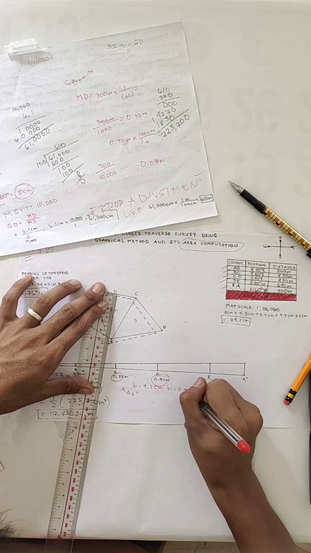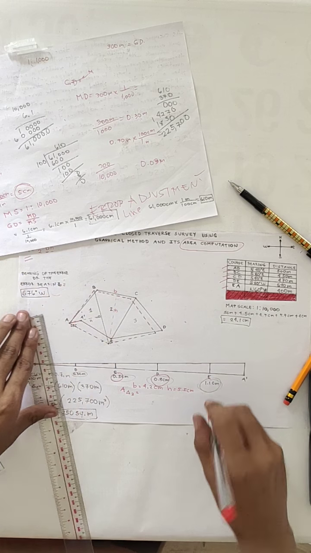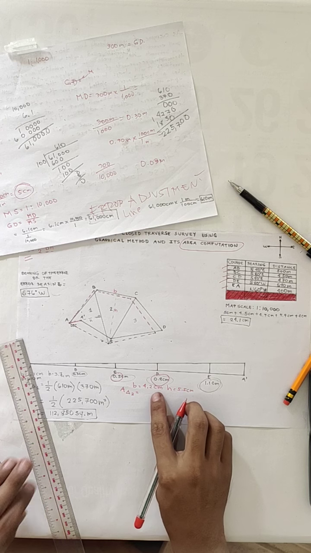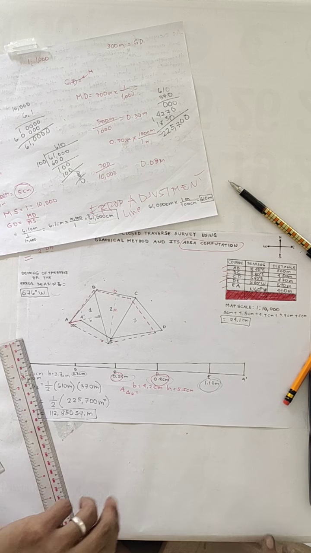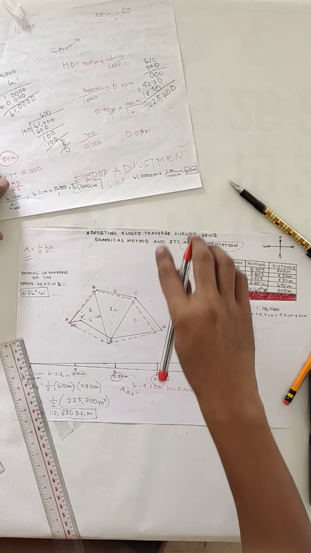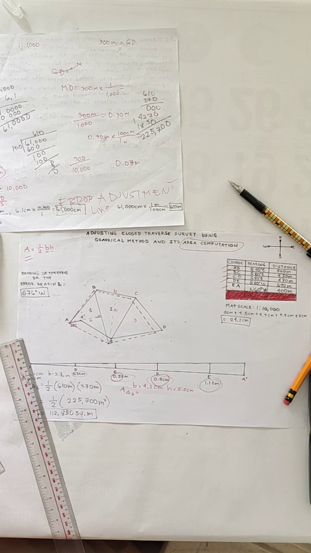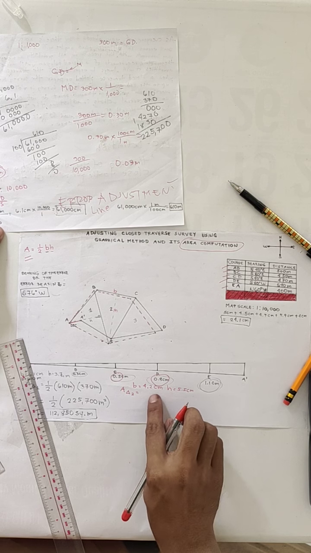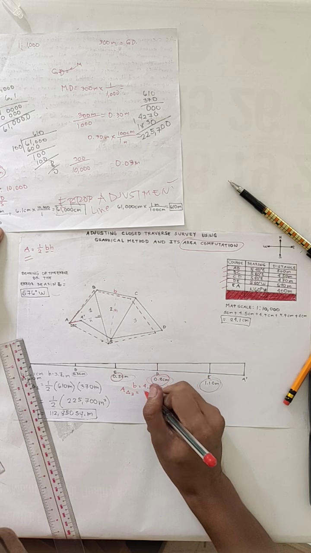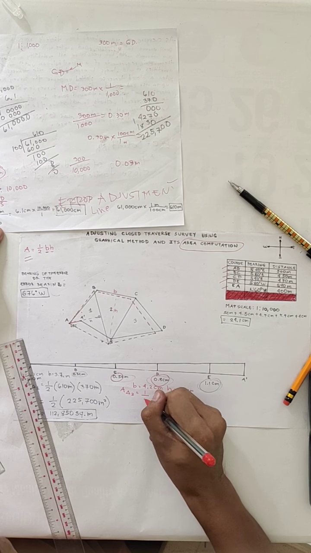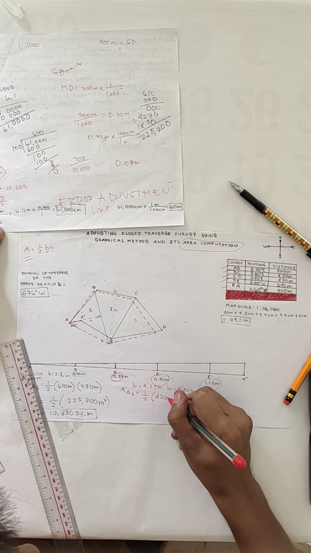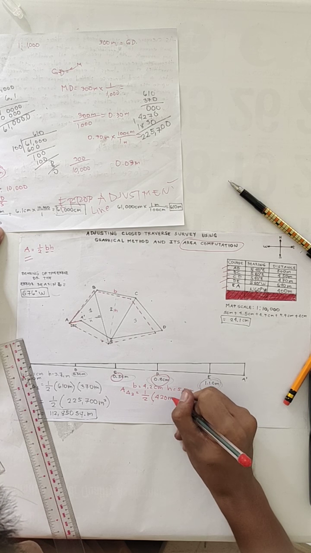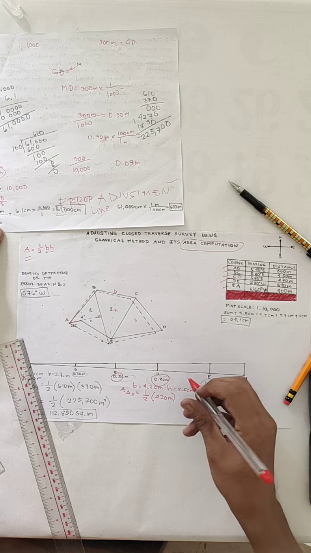Since it is in map distance, we're going to convert it into ground distance. So 4.2 centimeter is equal to 420 meters using a map scale of 1:10,000.